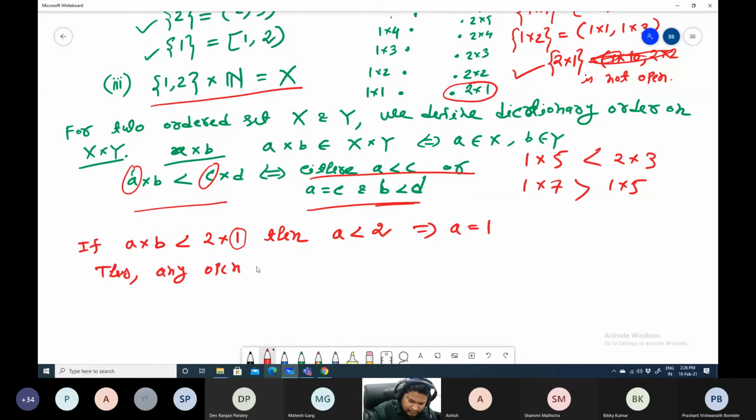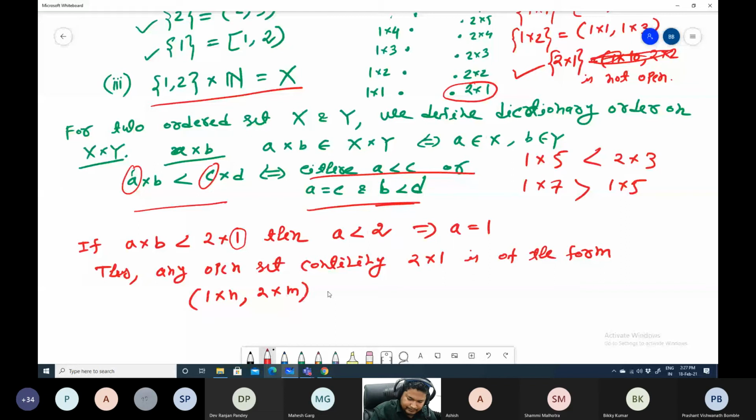Any open set containing (2, 1) is of the form (1, n), (2, m), where n is any natural number and m is greater than or equal to 2.